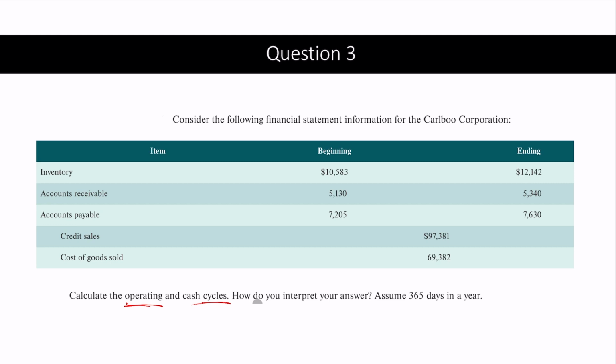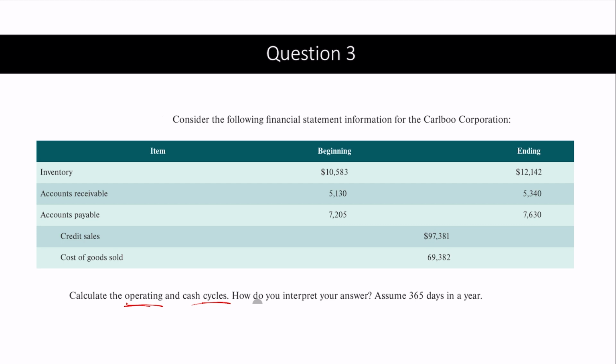So you remember the cash cycle. In it we have to find out inventory turnover, and the inventory period plus the receivable period is our operating cycle.